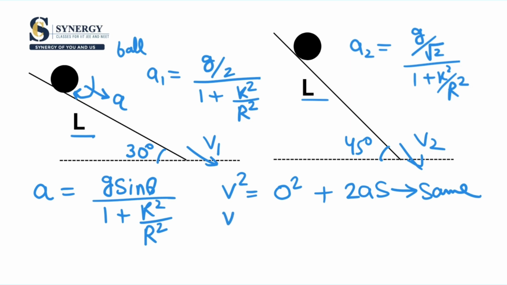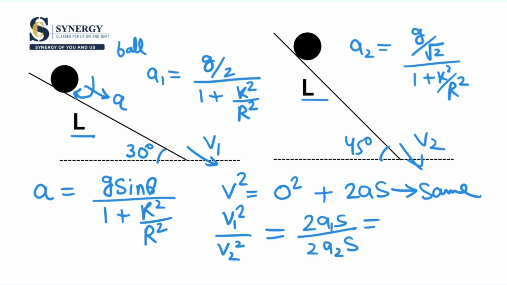So for the first case, v1 square by v2 square will be equal to 2a1s by 2a2s. Now 2s and 2s get cancelled, and we only have the ratio of a1 and a2.